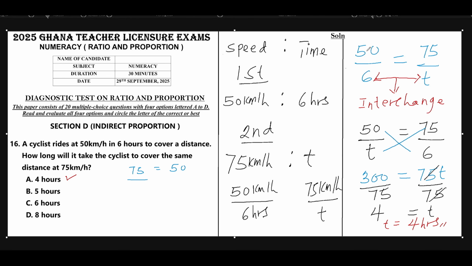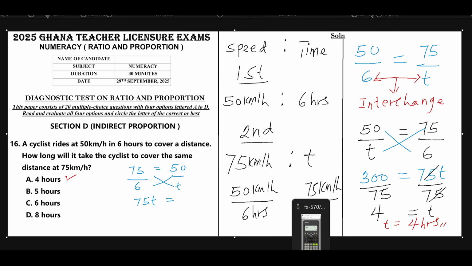So this time we are maintaining the denominators. So we have 6, we still have t. So when you cross multiply, we have 75t, and this must be equal to 6 multiplied by 50.